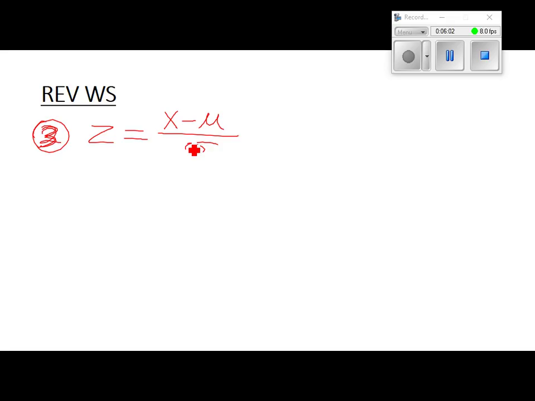That's actually 3 and 4. Finding the z-score. Be able to use the chart. Did we use this chart a whole lot? If you don't have a calculator, you have to use the chart. I wouldn't use the chart, I'd use the calculator every time, so make sure you got one.